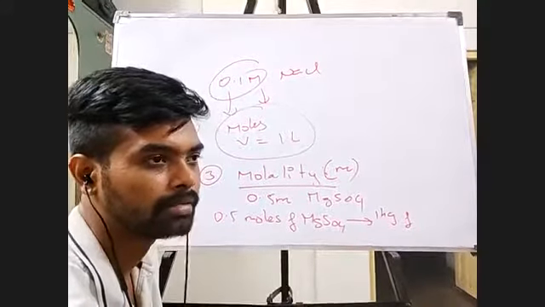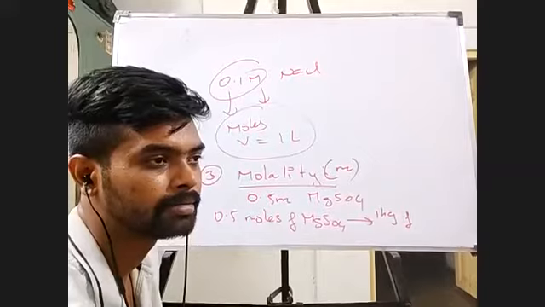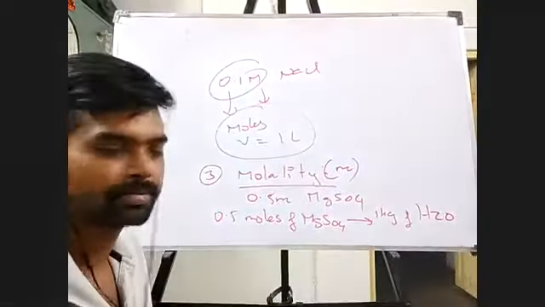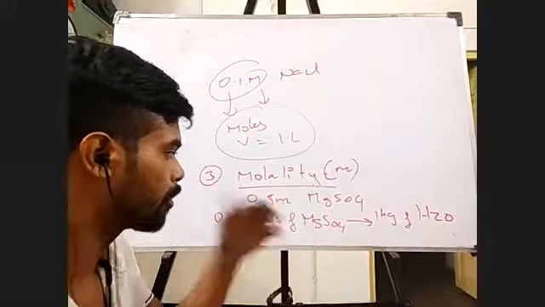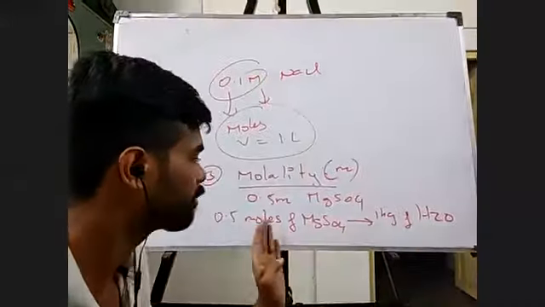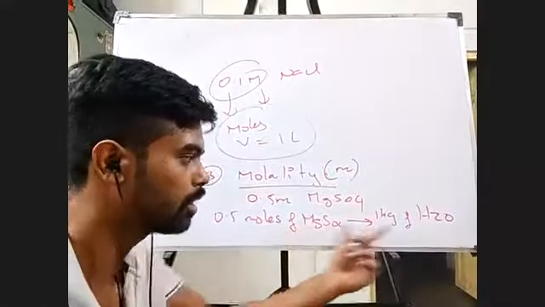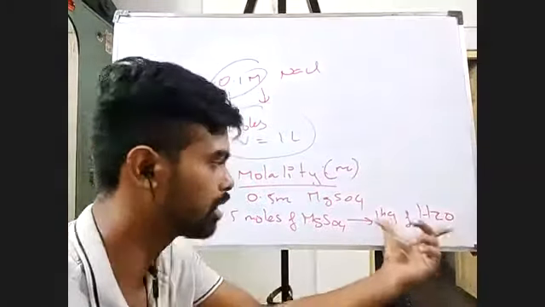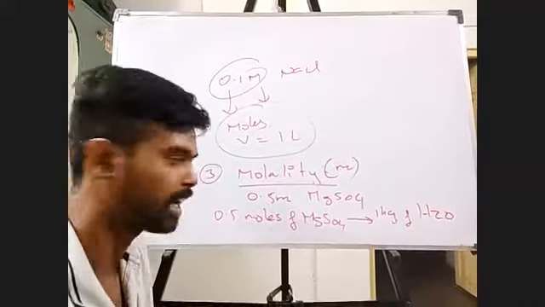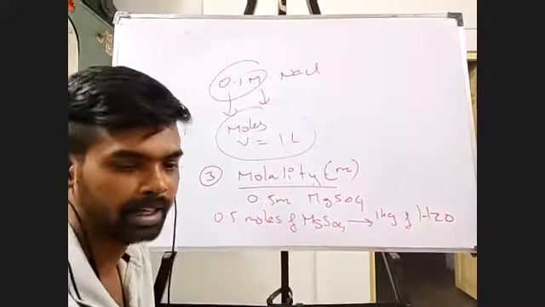What is the solvent here? Water. Exactly, 1 kg of water. That is what is understood. So 0.5 small m MgSO4 means 0.5 moles of MgSO4 is dissolved in 1 kg of water. That is the definition.